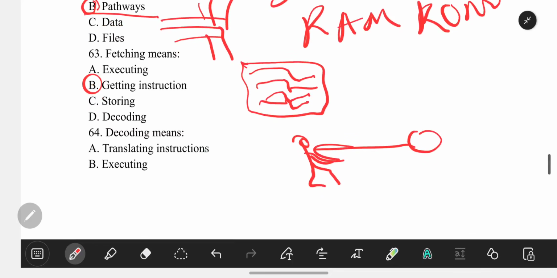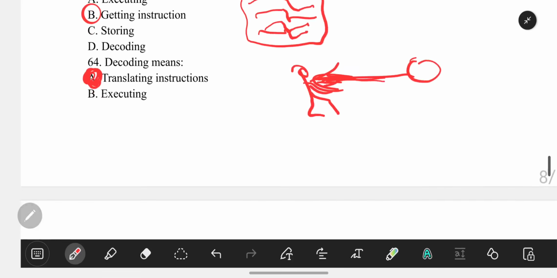Then decoding means, after you fetch something, you decode it, meaning you translate the meaning of that thing. So upon arrival, you decode, it means you translate. You translate meaning you give the meaning of something or understand the meaning through translation of that thing.